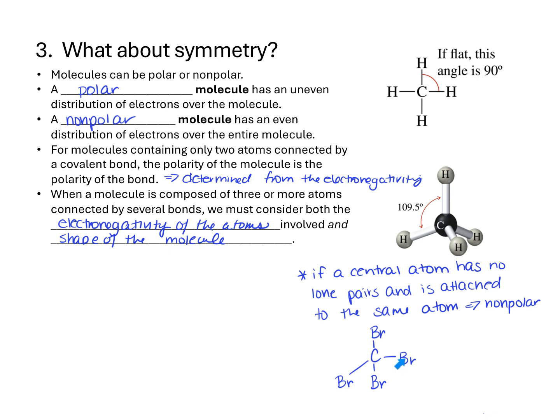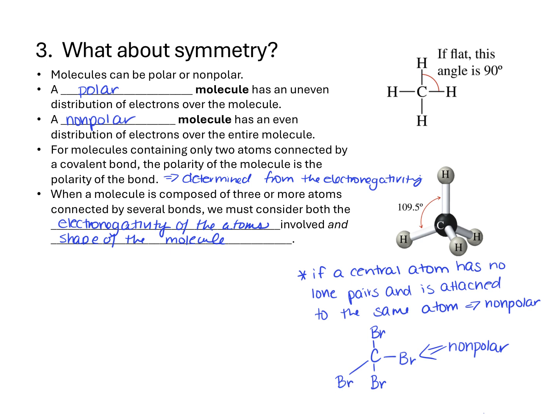But because all of these polar bonds are the same, that means they're all pulling the same amount of electrons away from carbon, then it becomes nonpolar. So this molecule here is nonpolar, right? View it like a tug of war where these are all pulling the same amount, okay?